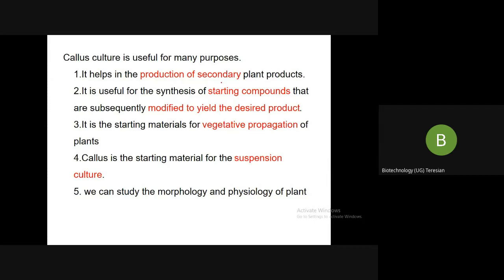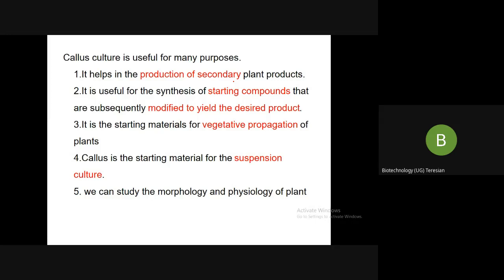Do not worry about it now, but just remember that plants produce secondary metabolites which are economically useful for mankind. I told you about medicinal plants: the flavonoids, terpenes, saponins, alkaloids, phenols, whatever you name them, are all secondary metabolites.